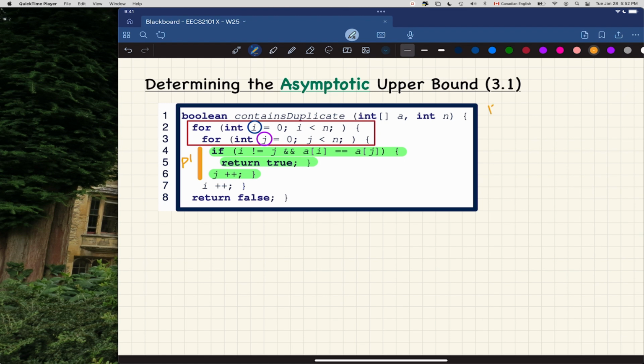So P1, which will be these 3 lines, gets executed for every combination of I and j. And I'm just going to put in this format, I and j, right?